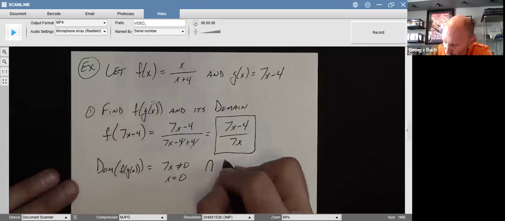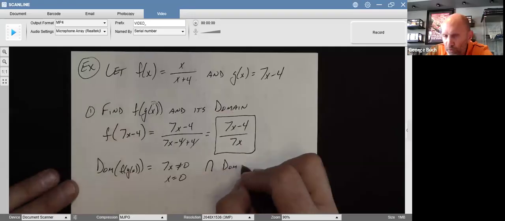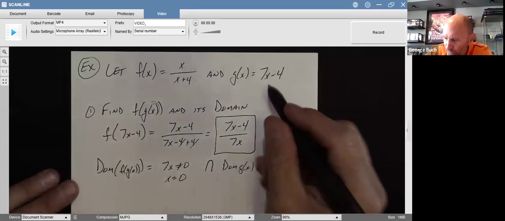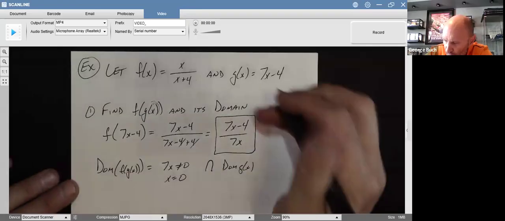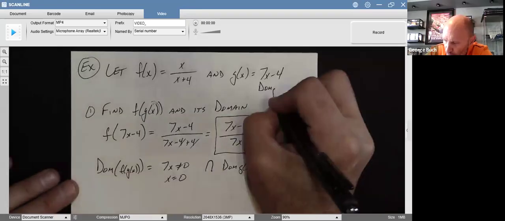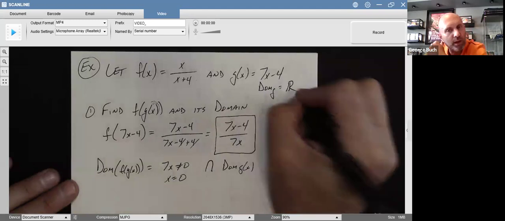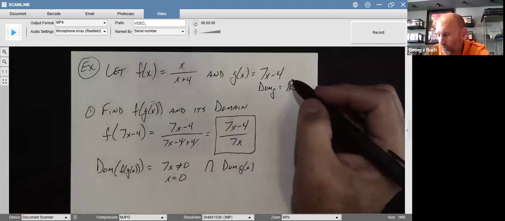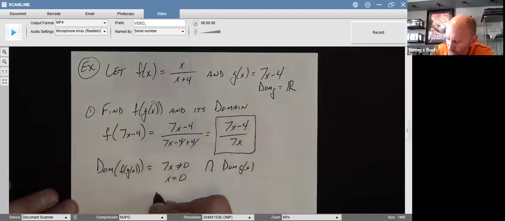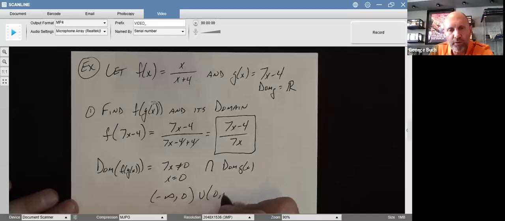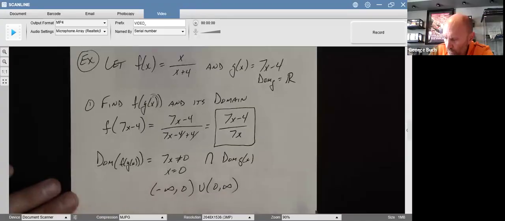So the domain of g of x. Well, what was the domain of g of x? Well, the domain of g of x is, again, all real numbers. I don't have an even root. I don't have a denominator. So there's nothing to worry about. So therefore, the domain of this guy in interval notation is negative infinity to 0 union 0 to positive infinity. So that's the two parts you would have to know for that.